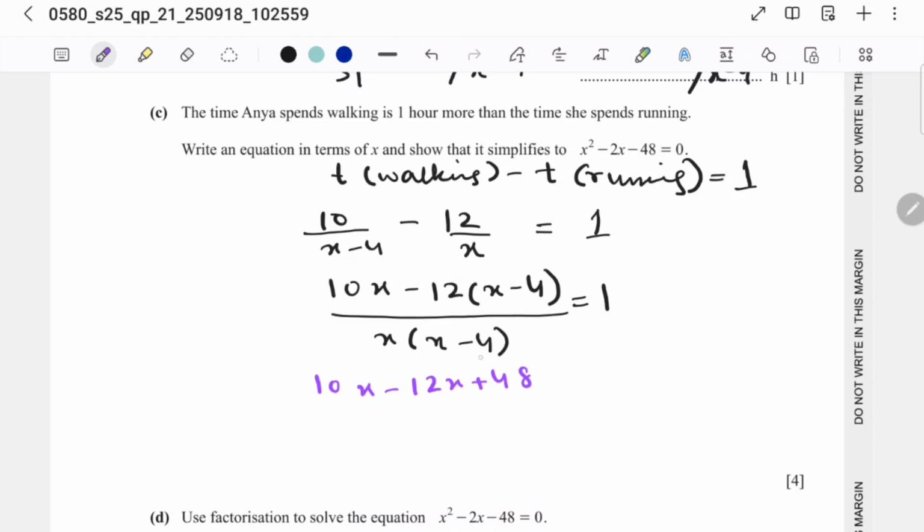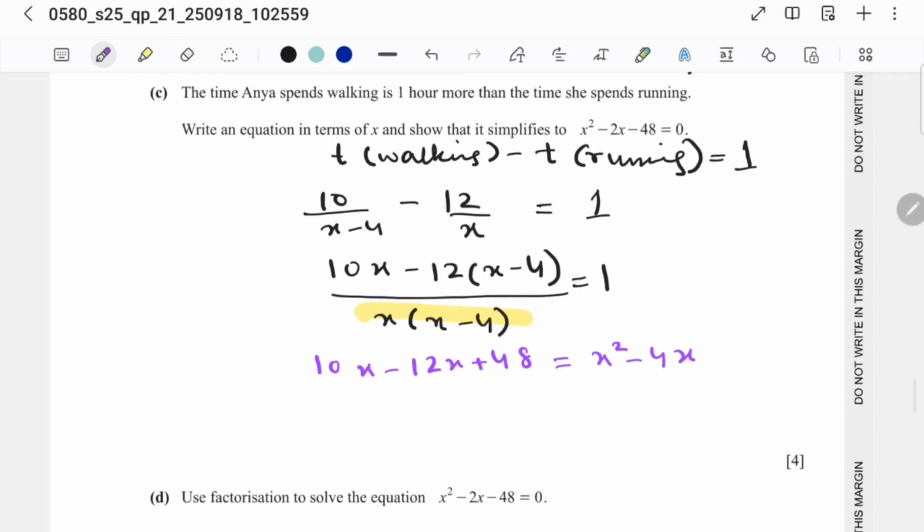and then x square minus 4x is multiplying with 1. Just multiply these two, you will get x square minus 4x. Now you just write it down together: 10x minus 12x plus 48 equals x square minus 4x. First of all simplify these two, it's better.